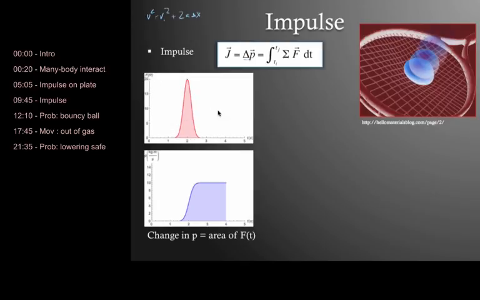So force can change in time, like maybe with this racket as the tennis ball approaches. So it's moving in like this and gets closer. The contact force with the racket actually increases as a function of time and then decreases because the strings are stretching. And the more stretch, the more force.